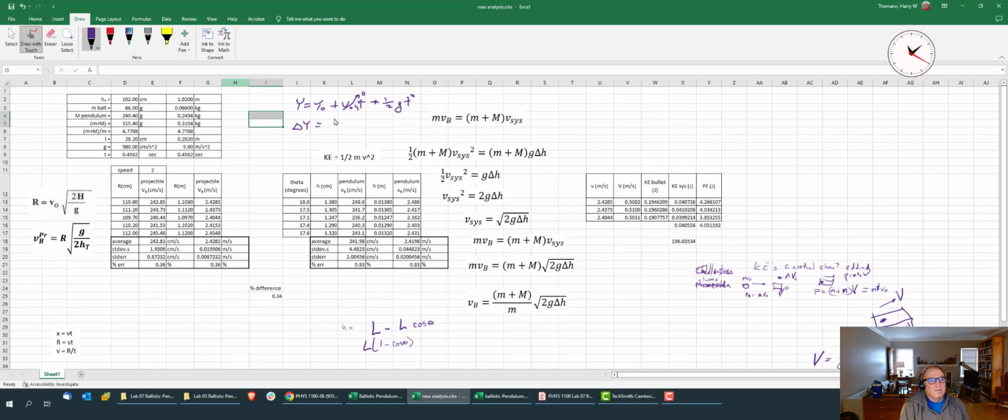So this equals 1/2 g t squared. Then t squared equals 2 delta y over g, and t equals the square root of 2 delta y over g, where delta y happens to be the height of the table, and it's the square root of the whole thing.